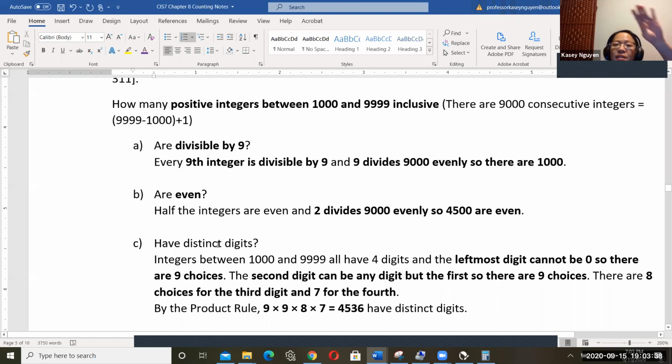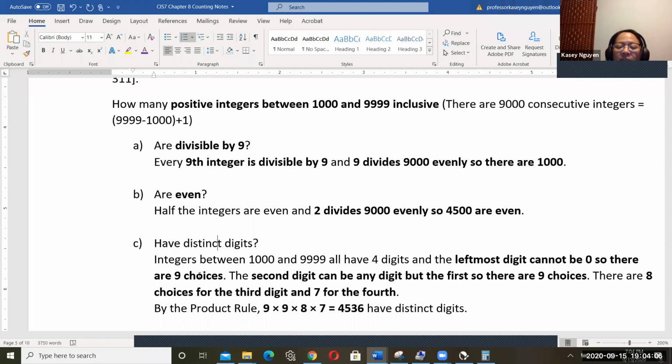So you cannot have the 0 in the front because we start at 1,000. So that first one needs to be a 1 or higher. Then the second digit can be any digit, but it cannot be the previous one. So if the first one is 1, the second one has to be any other number, so it's 1 less.